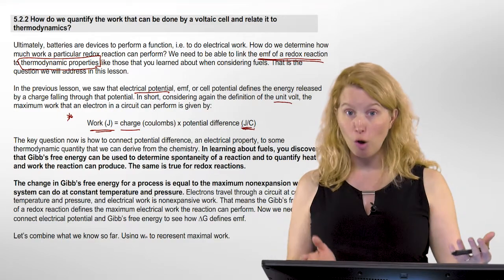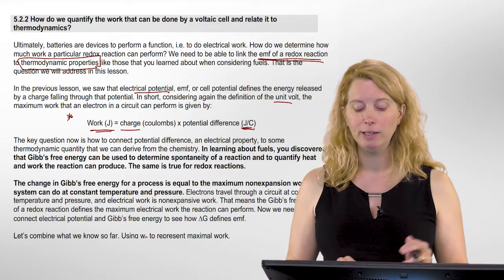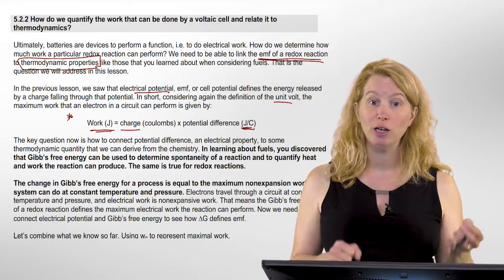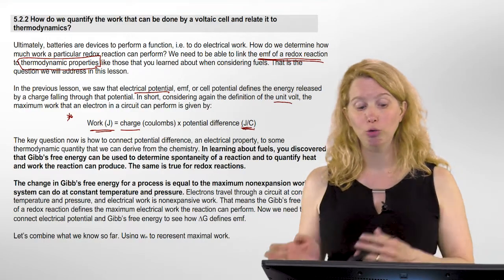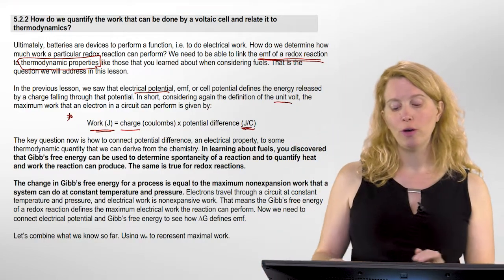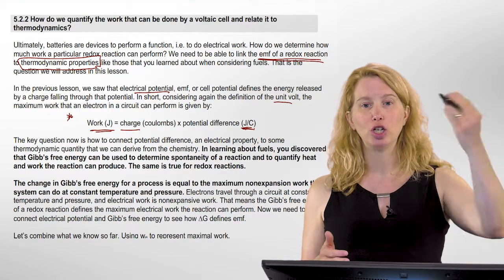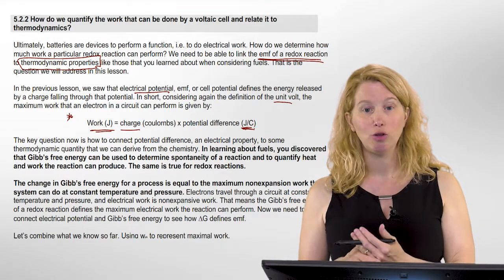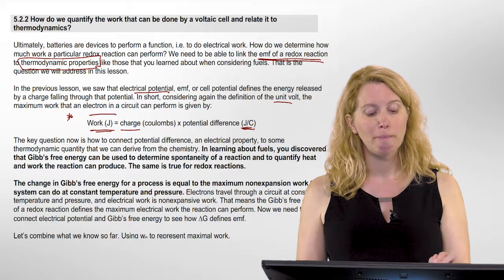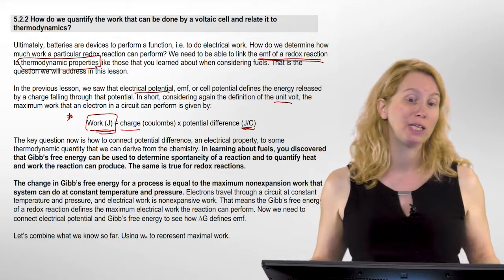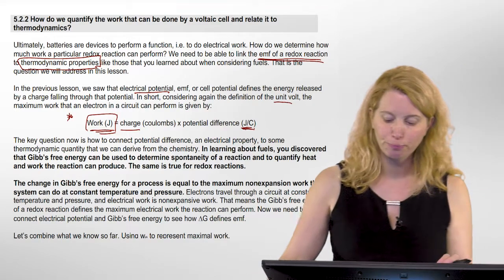Potential difference is a voltage, has units of volts, and you remember that by definition, a volt is a joule per coulomb. So the potential difference multiplied by the quantity of charge passing through that potential difference is the maximum amount of work that can be done by that moving charge.